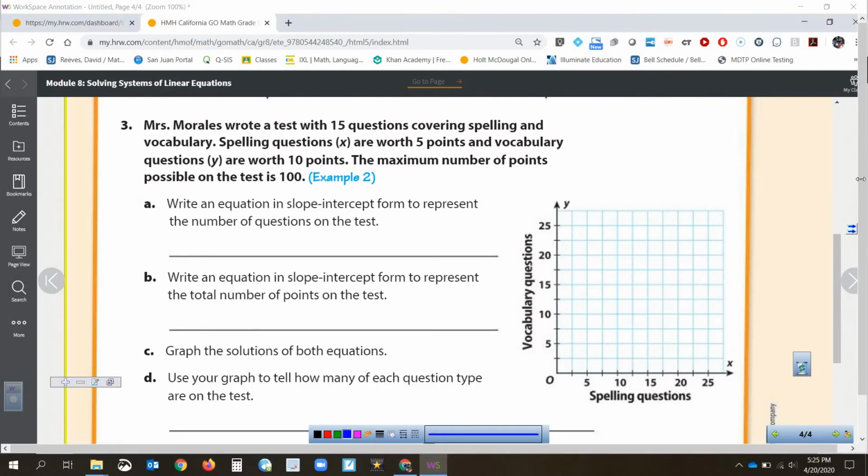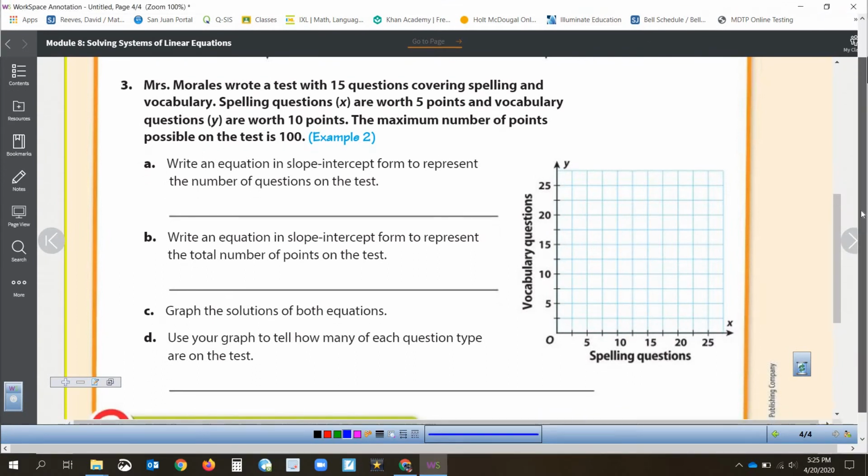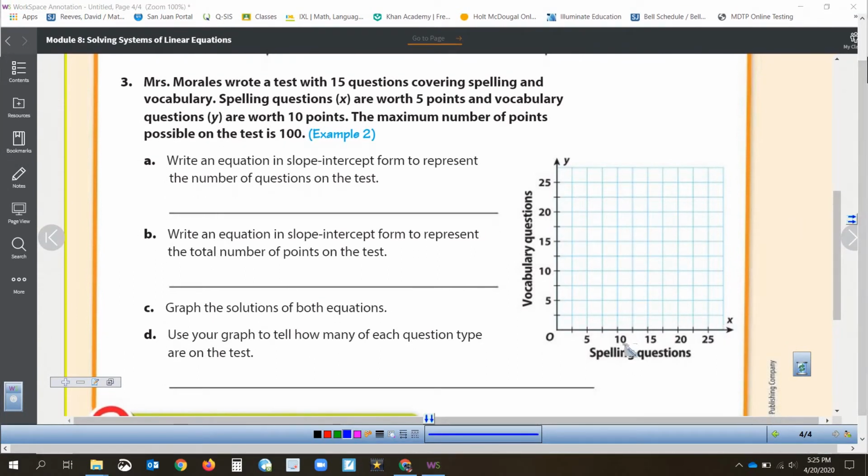All right, so let's make sure right up front that we understand that we're dealing with two unknowns. We have a test that Mrs. Morales has created, and what we don't know is how many spelling questions there are and how many vocabulary questions there are. So X is the number of spelling questions.